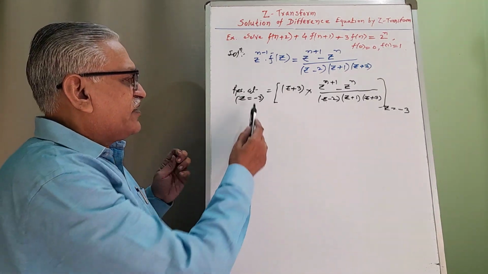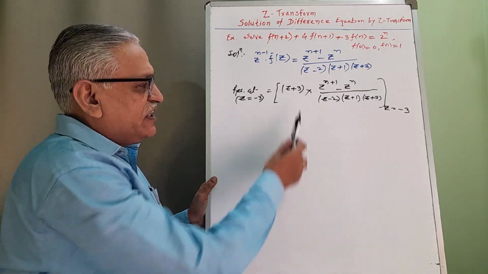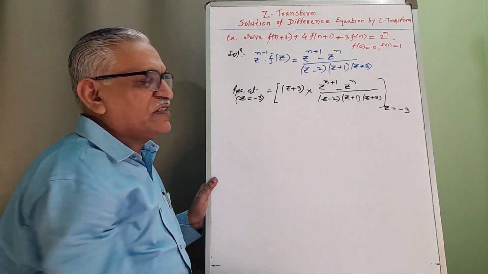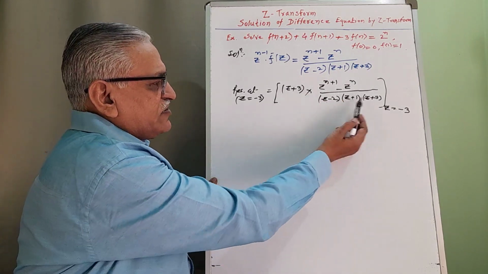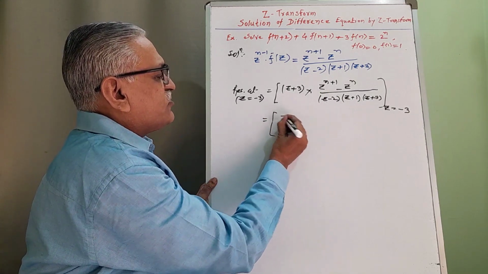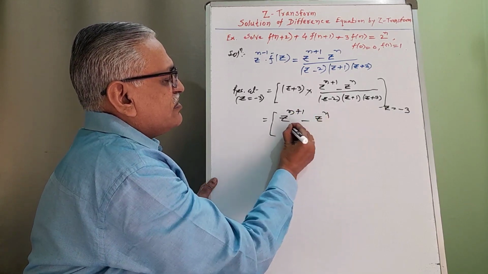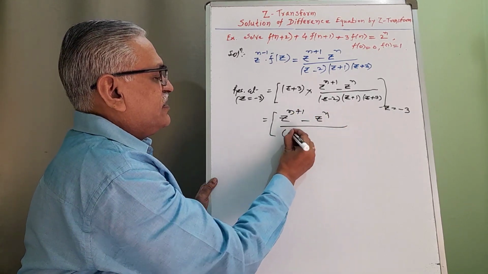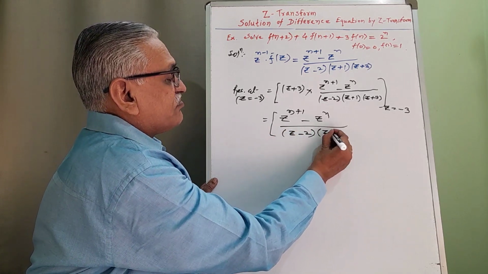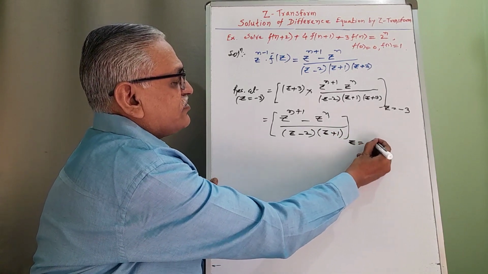Third residue, the residue at the third pole, z equals minus 3. Applying the formula, z minus minus, it becomes z plus 3, into this term. This time this z plus 3 gets cancelled, and therefore the remaining terms are z raised to n plus 1 minus z raised to n divided by z minus 2 and z plus 1, at z equals minus 3.